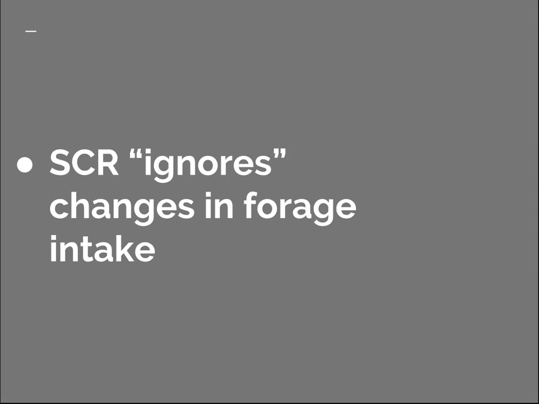The big caveat is that supplement conversion ratio doesn't account for changes in forage intake. When we calculate the supplement conversion ratio, we simply look at the amount of additional gain compared to the amount of supplement fed and calculate the ratio. For example, we might calculate 3 to 1 as the ratio.